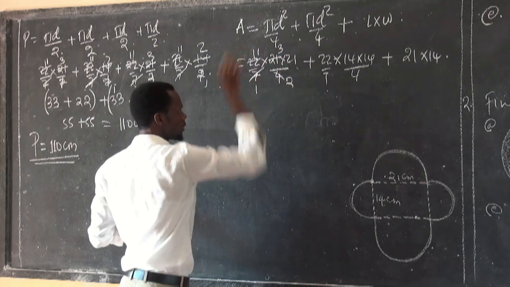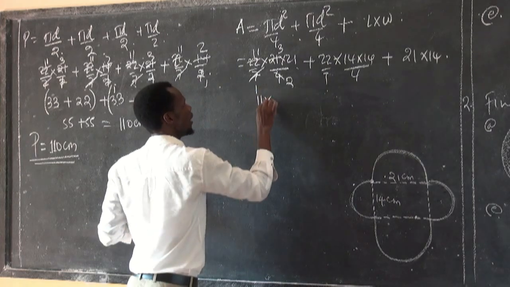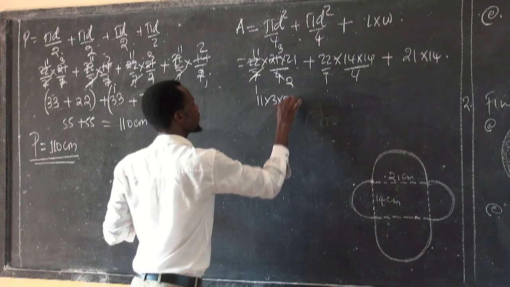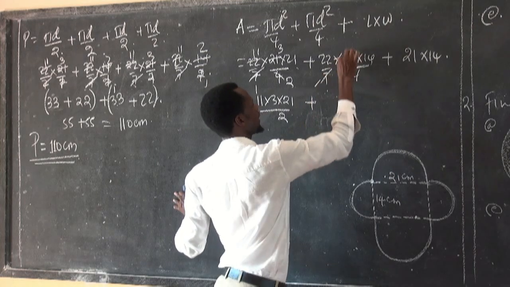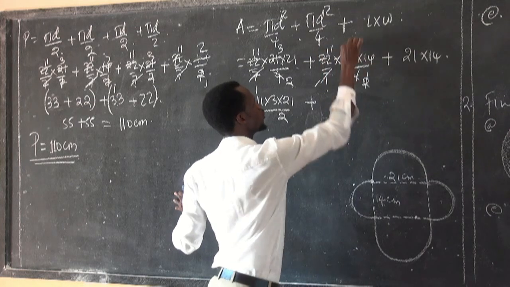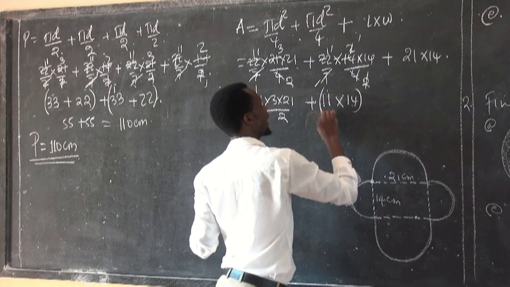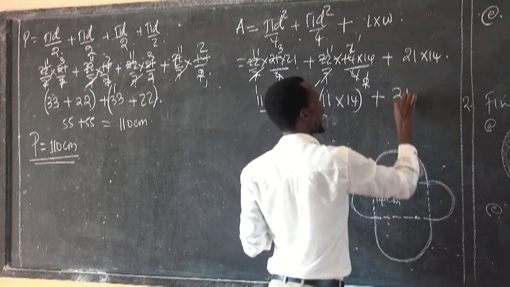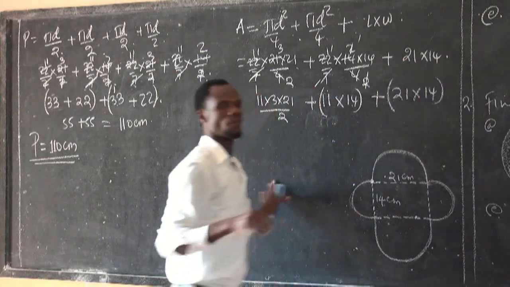Then here it is what? 11. Then you have 11 times 3 times 21 over 2. Then by 7, 1, here it is 2, then here it is 11. Then you have 11 times 14. Then next you have 21 times 14. This is what we have.